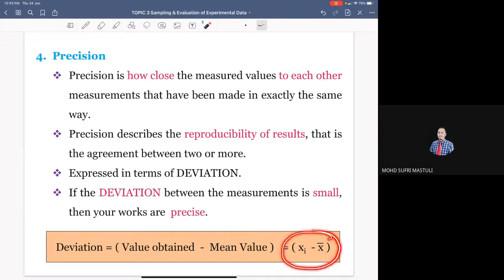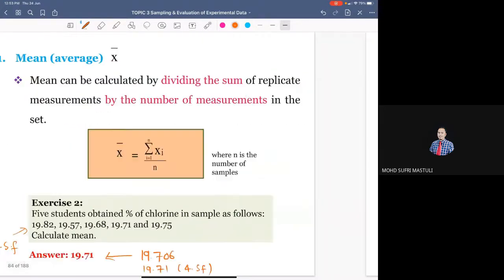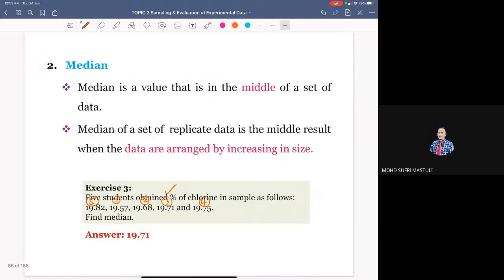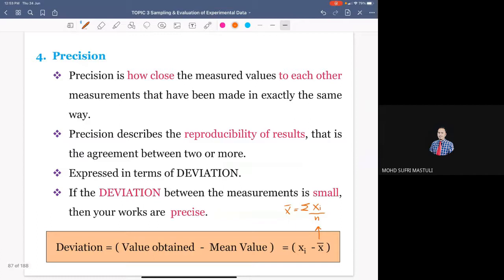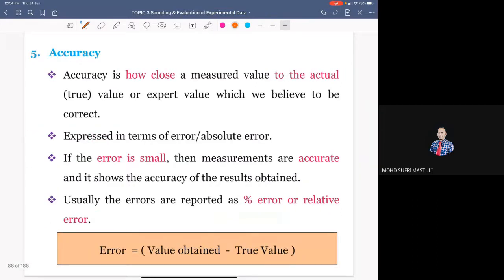So mean, if you still remember, is the summation of xi divided by n. Okay, so that is the mean value.